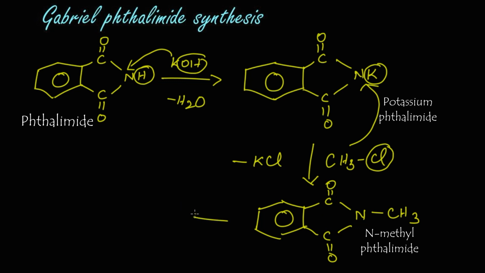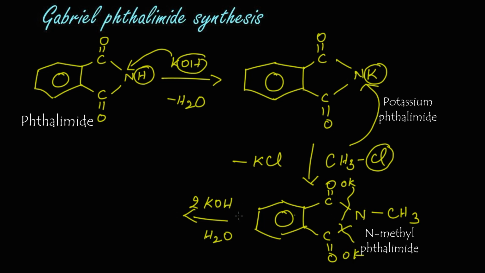This again is treated with aqueous KOH, that is KOH in presence of water, H2O. Here, 2 potassium hydroxide will take part in this reaction. The bond will get cleaved here. In this 2 potassium hydroxide, OK will get attached to this carboxyl group, and here OK.